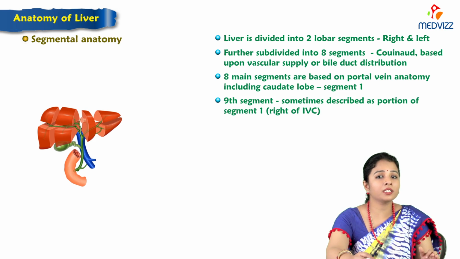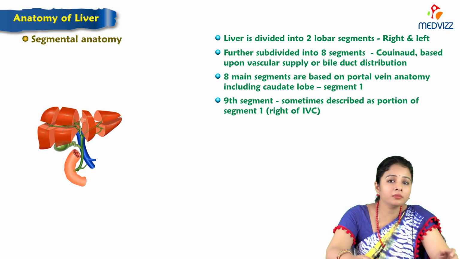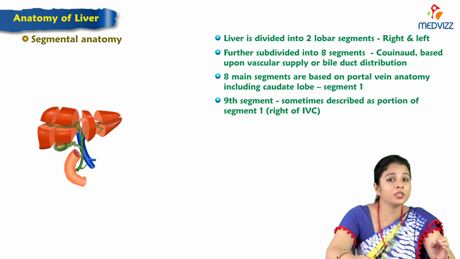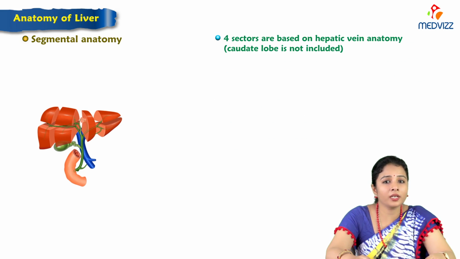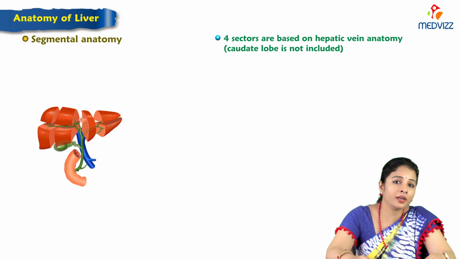The 9th segment is sometimes described as the portion of segment 1 to the right of the inferior vena cava. Although interesting, its proximity to the inferior vena cava and anatomical variability make formal recognition of the 9th segment of little consequence to hepatic resection. 4 sectors are based upon hepatic vein anatomy.